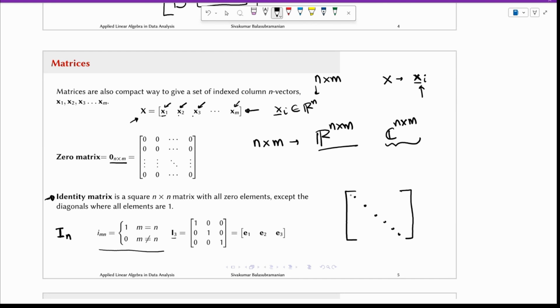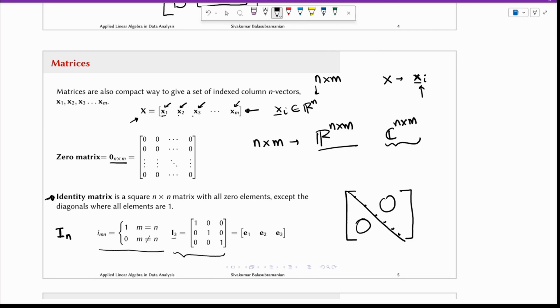An identity matrix is one where the diagonal elements are all one, and the off-diagonal elements, those above the diagonal and below the diagonal, are all 0. That's essentially what this definition means. And a 3 cross 3 identity matrix is essentially this.